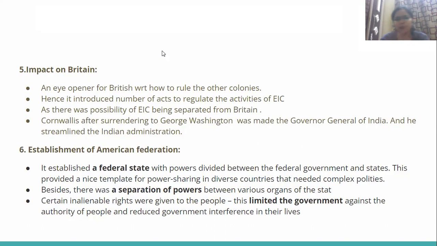But power is shared in India on the lines of America. Then separation of power, that is the three wings of government, legislative, executive, and judiciary, they're separate from each other. That is followed in America. So इसका मतलब है कि if a person is a member of a legislature, he is MP, then he cannot be a judge, he cannot be a member of judiciary, he cannot be a member of executive.